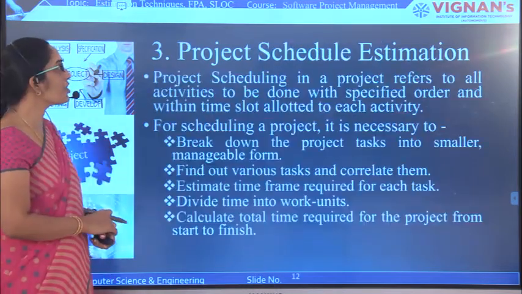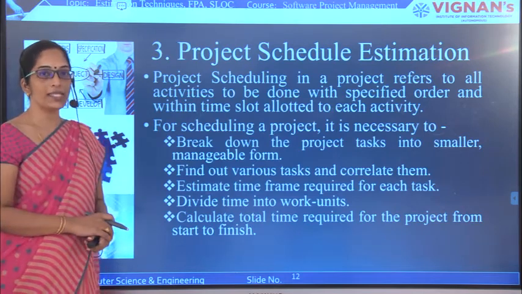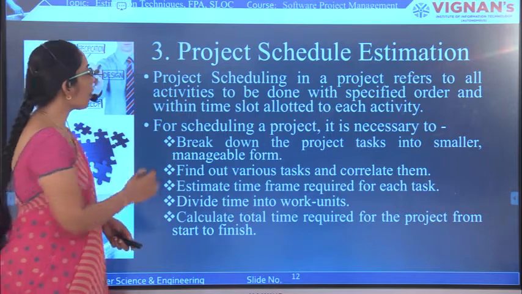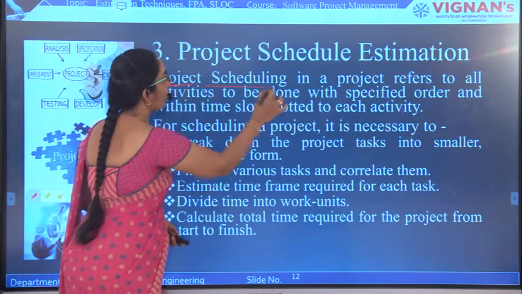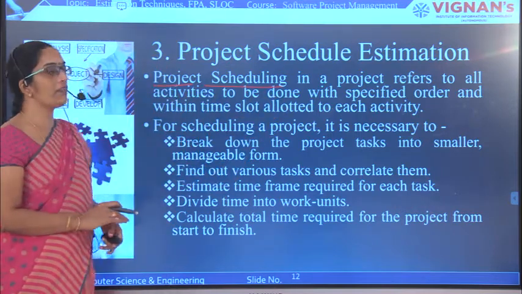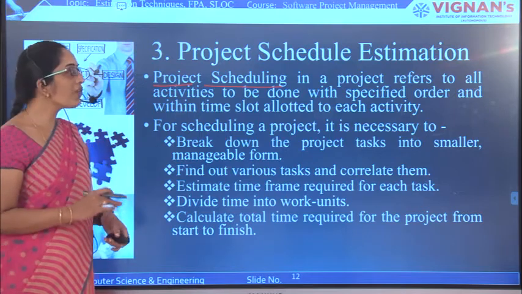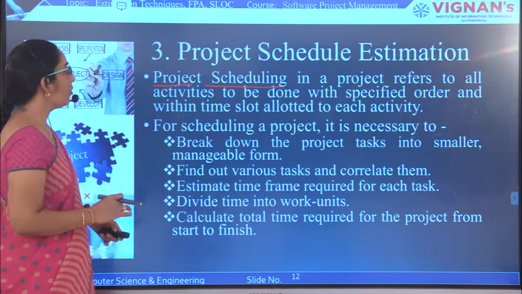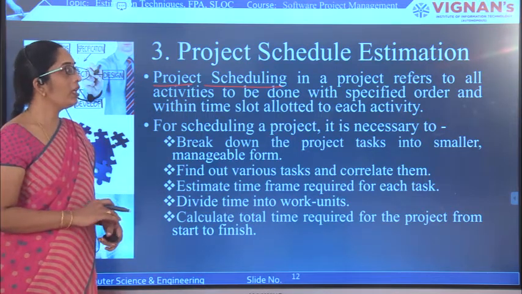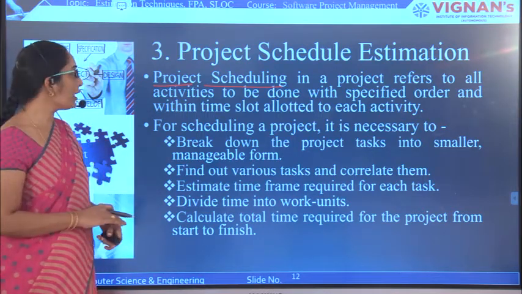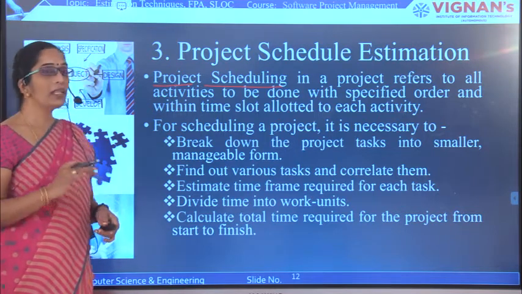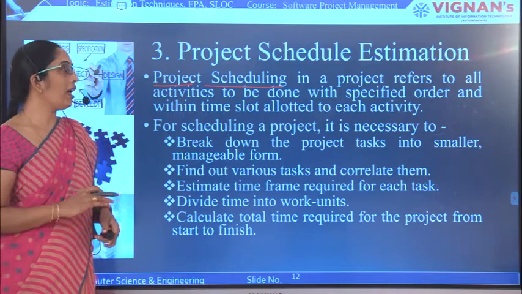The next estimation is project schedule estimation. Project scheduling refers to all the activities to be done in a specified order within some time allotment. So it always refers to all the activities to be done with respect to some order and within the time slot allotted to the activity.